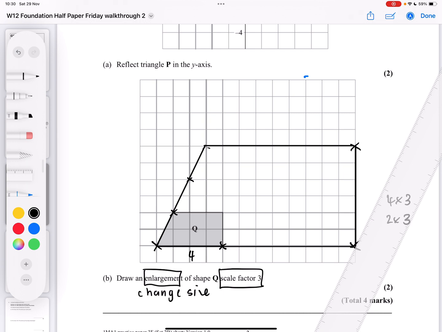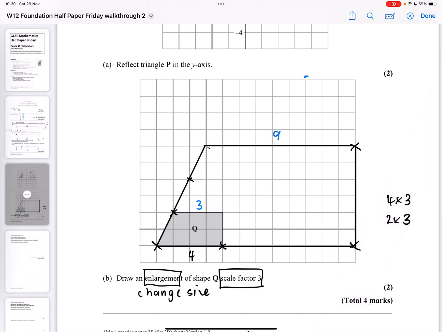And there is our enlarged shape. And we can check that our answer's correct by just checking this one, that's 3 units. And what we should find is that this is 9 units. And that is enlarged.